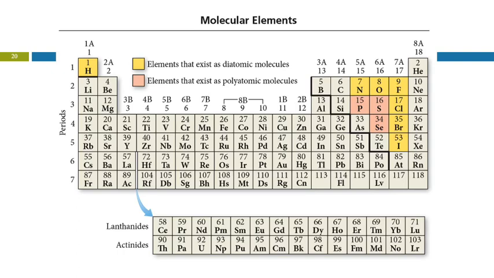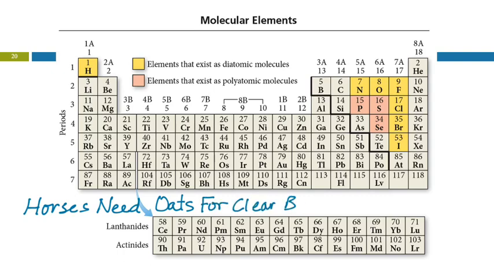Another way to remember which ones are diatomic is a mnemonic, which is a sentence that's kind of silly, but the first letters represent something you need to remember. So horses need oats for clear brown eyes. This is really great until we get to the eyes part.